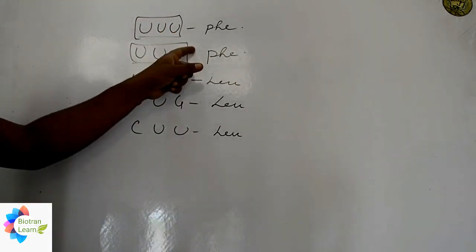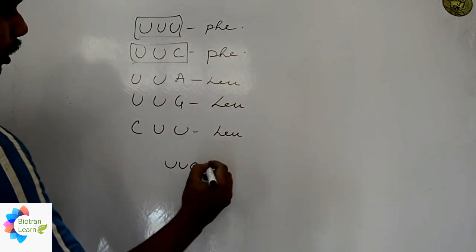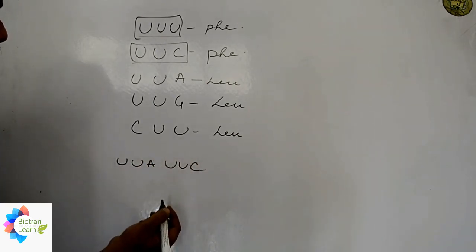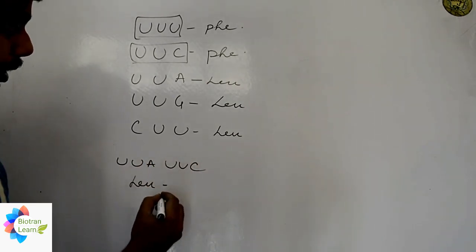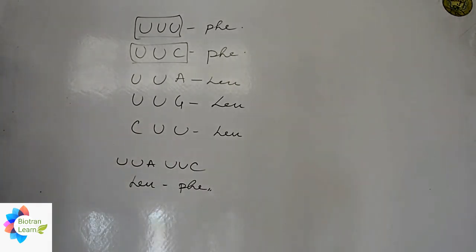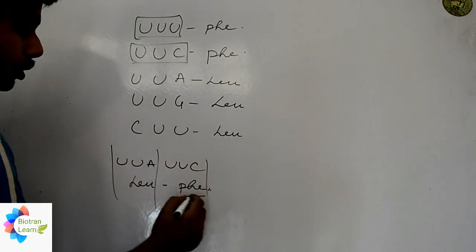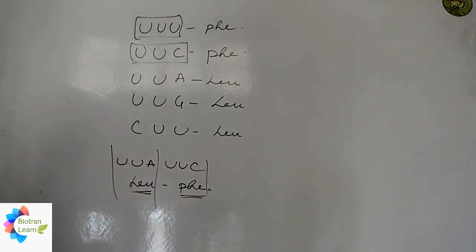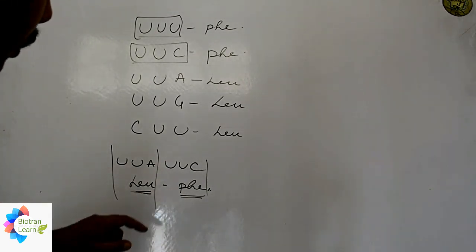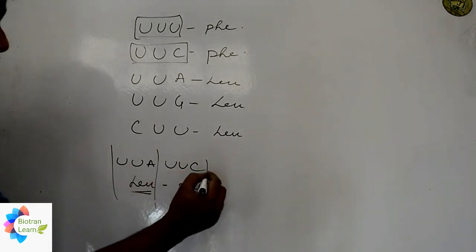Both of these codons will specifically code, whenever we get UUC and then UUA, for phenylalanine and afterwards leucine, right? So these particular codons will produce and place these amino acids, but there is a specificity.